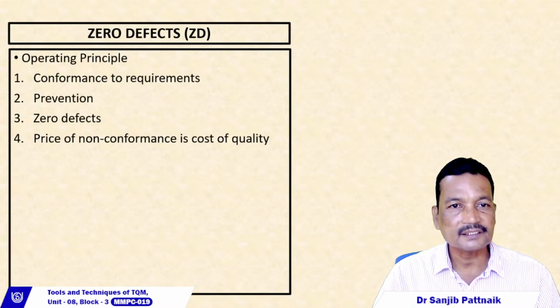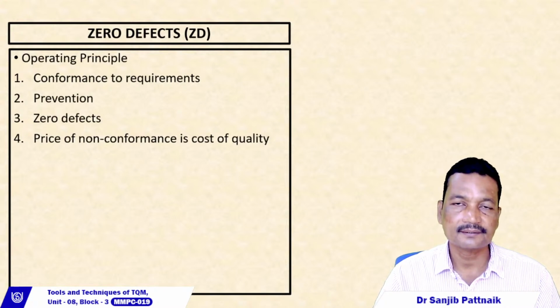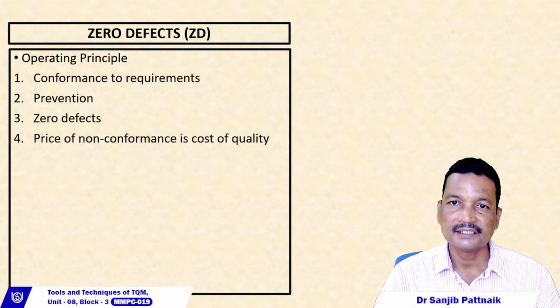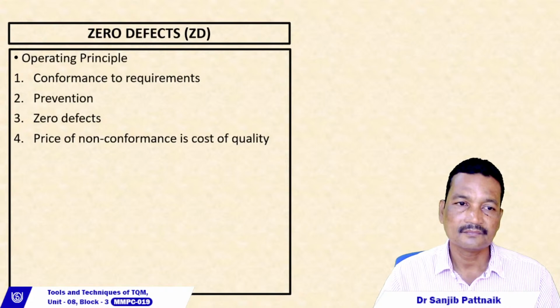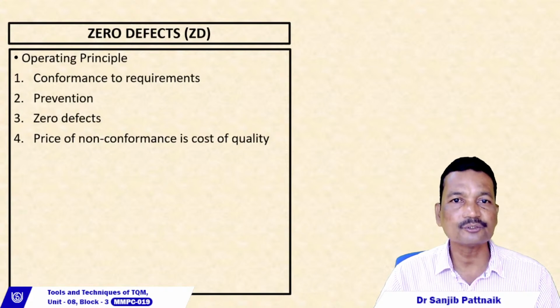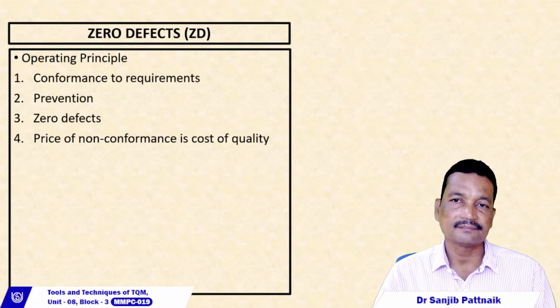The operating principle of zero defects, when we are talking of it, is the conformance to requirements, the requirements of the customers. Second is try to prevent any kind of activities which will create defects.